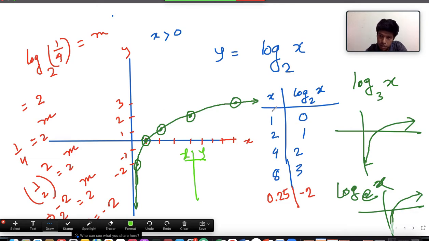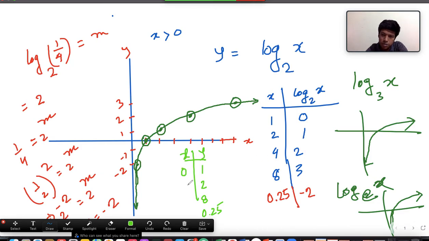Very good. So these are the x values. Let's write them here: 1, 2, 8, 0.5. Then their respective values, let's write them here.